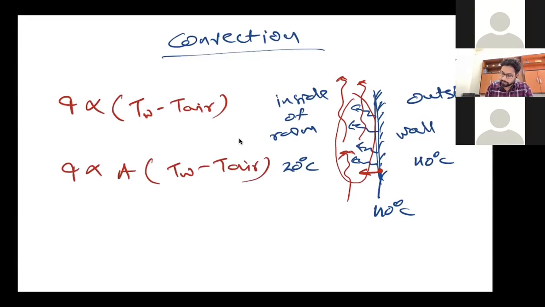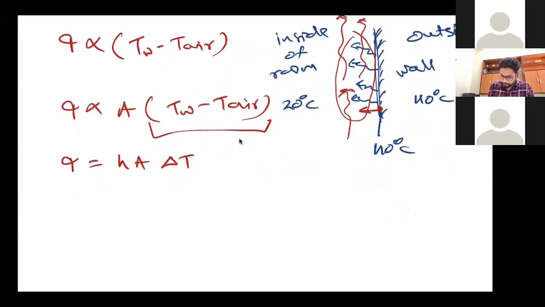If the area is, let's say, 5 meters square, then there will be more heat transfer. Obviously, if it is just 1 meter square, then less heat transfer. Now if we convert it into a constant of proportionality, it gives us h A delta T. So delta T is this part, and h here is called the heat transfer coefficient.